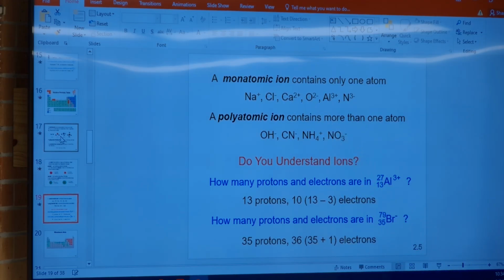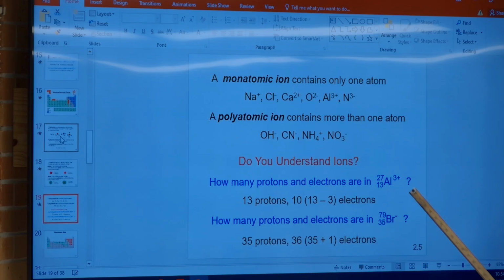This mono means number of atoms. If more than 1 atom together carries charge, we call it a polyatomic ion, like OH together, negative 1 charge. CN together, negative 1 charge. NH4 together, positive 1 charge. Polyatomic ion means more than 1 atom together carries charge.